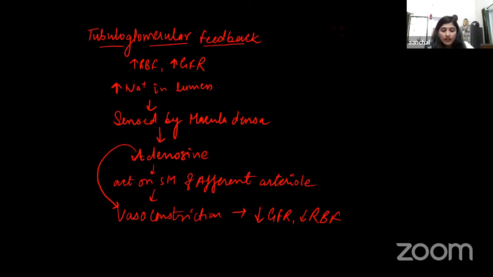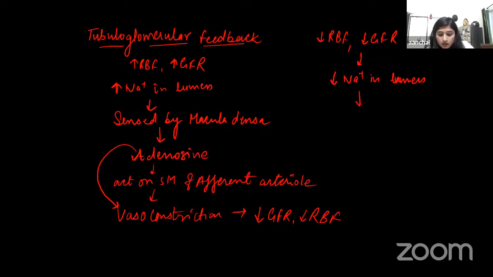Okay. And again, there will be vice versa to this. Whenever there is decrease in renal blood flow or decrease in GFR, ultimately there will be decrease in sodium ions also in the lumen.